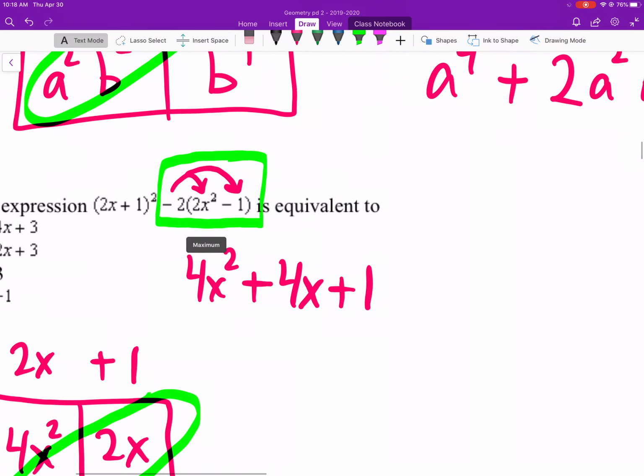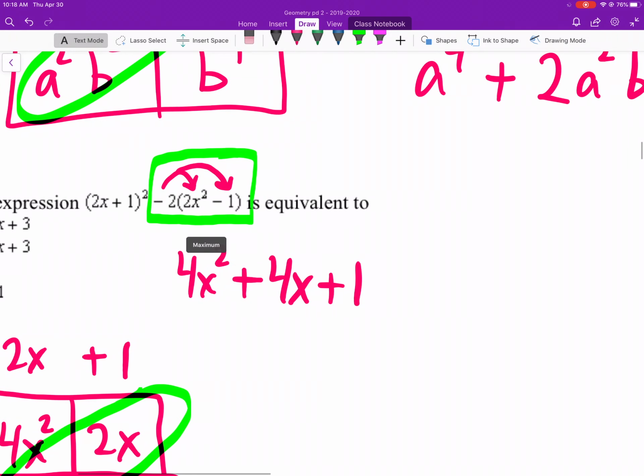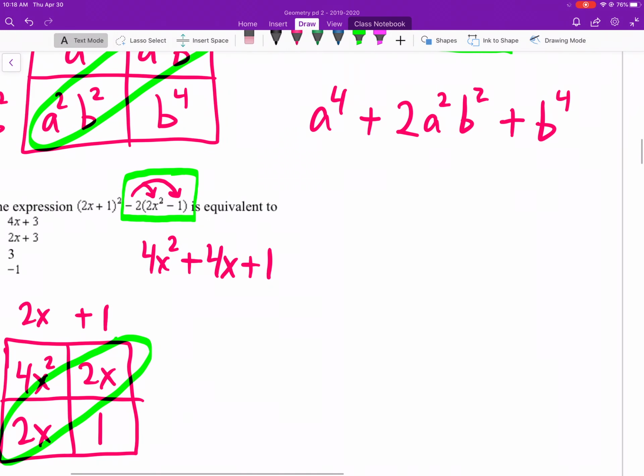So we have negative 2 times 2x squared, which is negative 4, right? Negative 2 times 2 is negative 4, and then the x squared comes along, so negative 4x squared. And you also have negative 2. Notice how I'm keeping the sign in front of that 2. I'm not saying 2 times this, 2 times that. It's really negative 2.